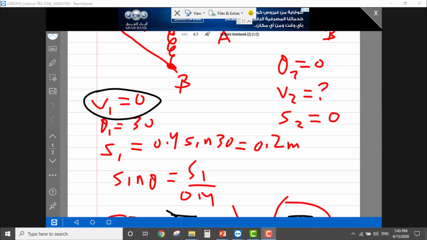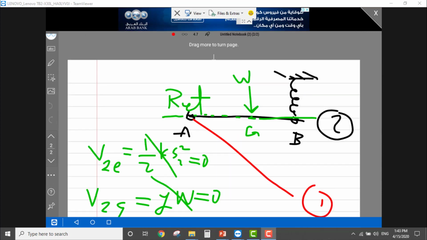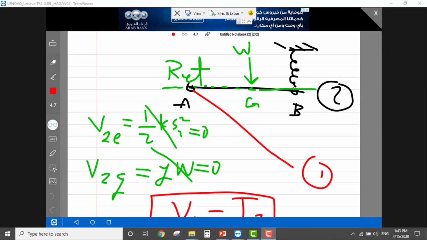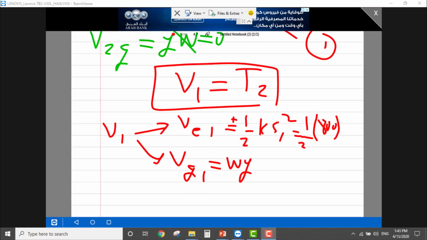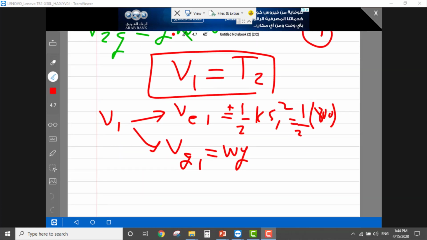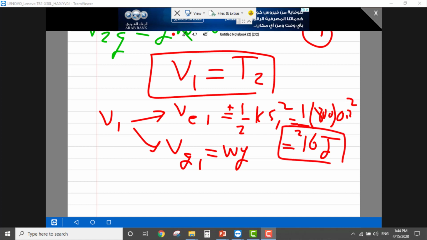So let me go back again and substitute here 0.2 squared. This is equal to 400 multiplied by 0.2 squared, which is 16 joule.